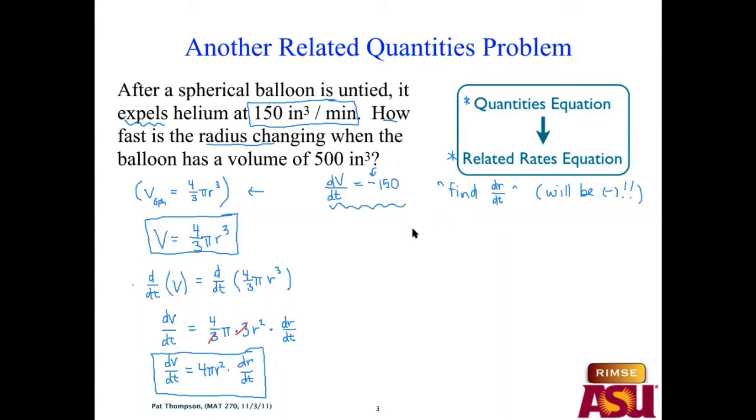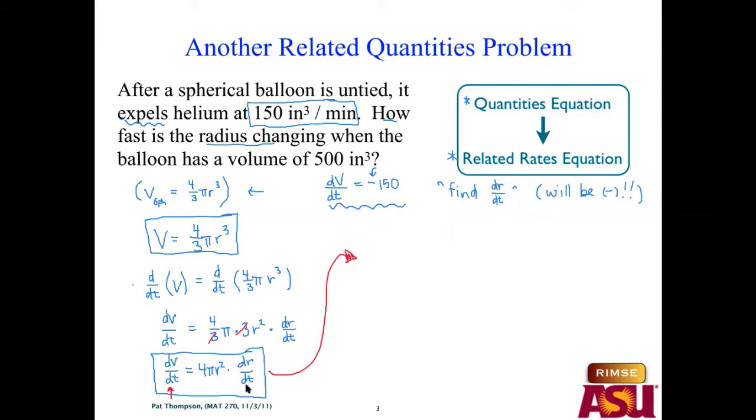In the cube edge length problem, it's the edge length that was increasing at a constant rate, one rate throughout the problem. In this case, it's the volume that's decreasing at a constant rate throughout the problem. But using that then, I want to plug in dV/dt is negative 150.